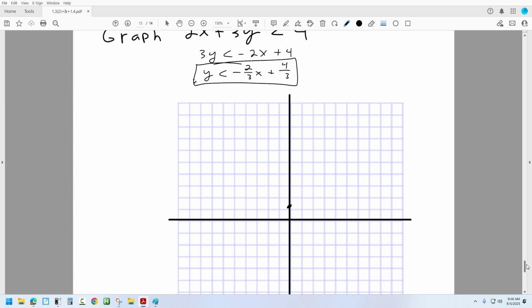Just need to know the directions to go. Yeah? You would subtract 2 thirds from your current value on the y-axis and then add 1 to the value of x. So what's your rise in this case? Negative 2 thirds. That's my slope. What's just my rise?